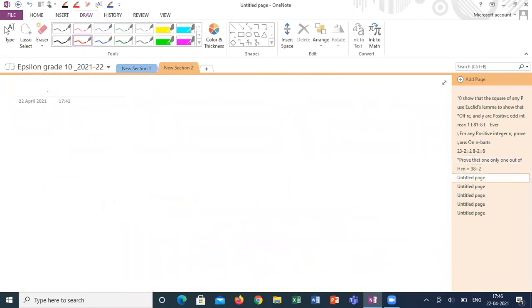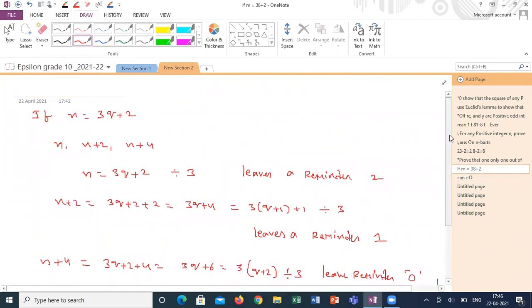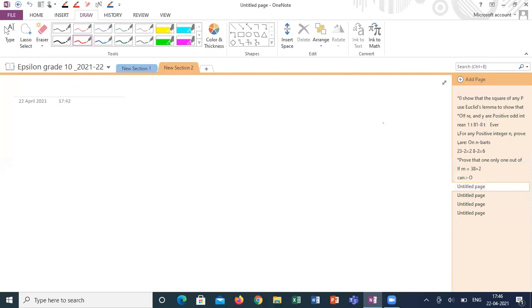So case 3. What is case 3, madam? Yes, sir. I have taken n equal to 3q plus 1. Sorry, in case 2 it was 3q plus 2. So n is 3q plus 1. After dividing with 3, the remainder is 1.